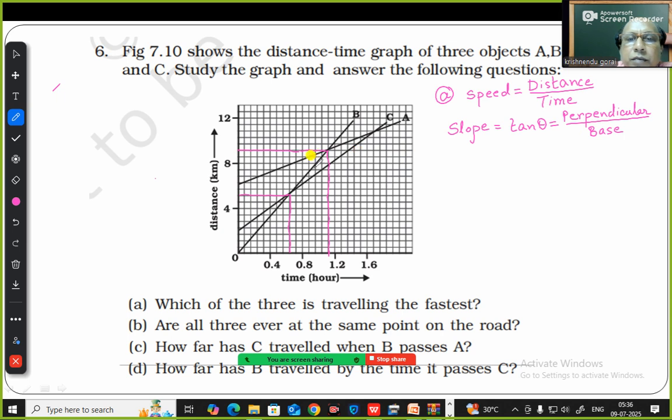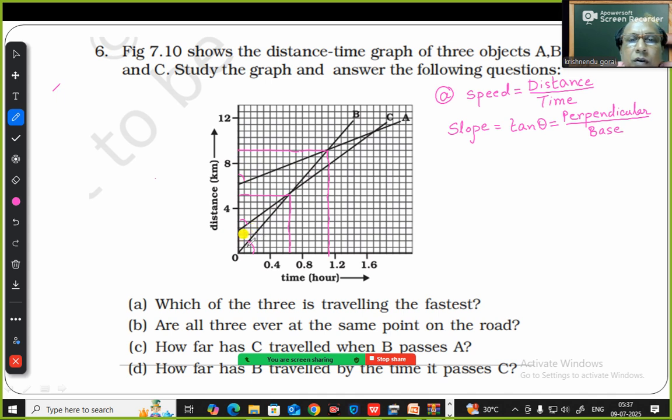Now to find which slope is greater, look at this angle, this is the slope of B, this is the slope of C, and this is the slope of A. We can find the maximum slope is in case of B. This angle is greater.